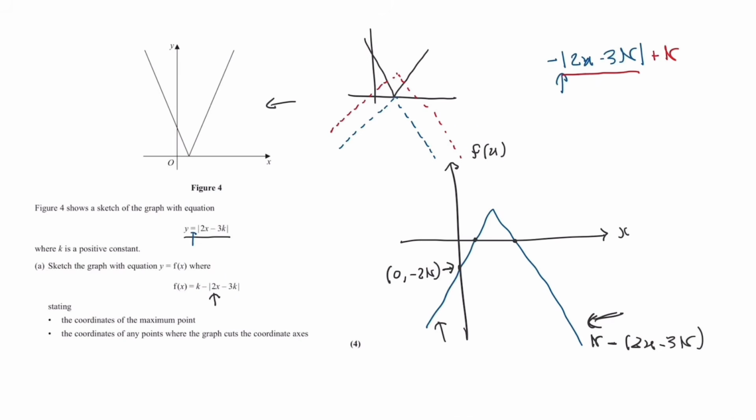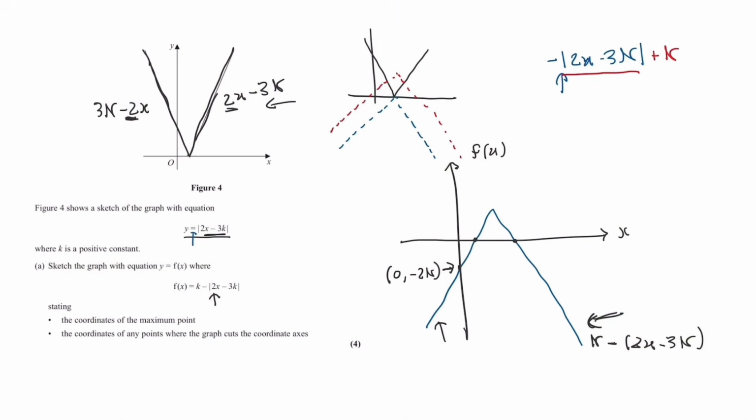If we look at the graph we're given, this graph has equation 2x minus 3k, but then this line will have the negative of that. So it's going to be the negative of this, so that is 3k minus 2x. You can tell which graph is which by just looking at the gradient. This is negative 2, so it has to be this one. This one's positive 2, so it has to be this one.